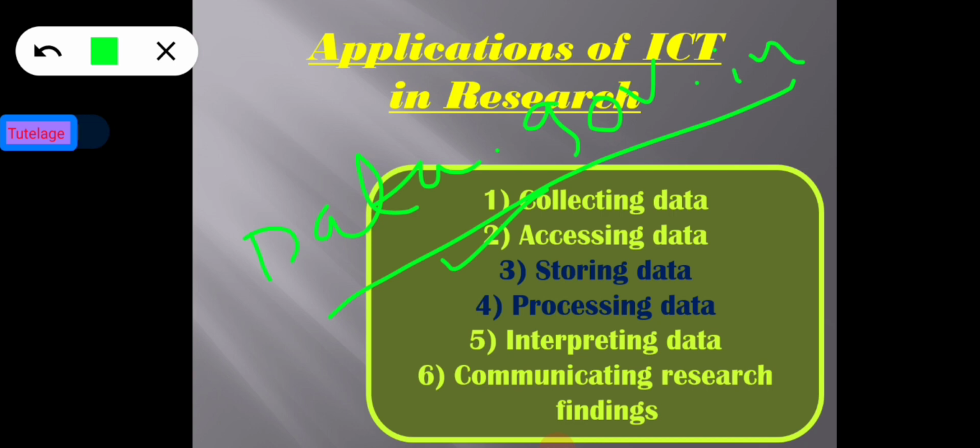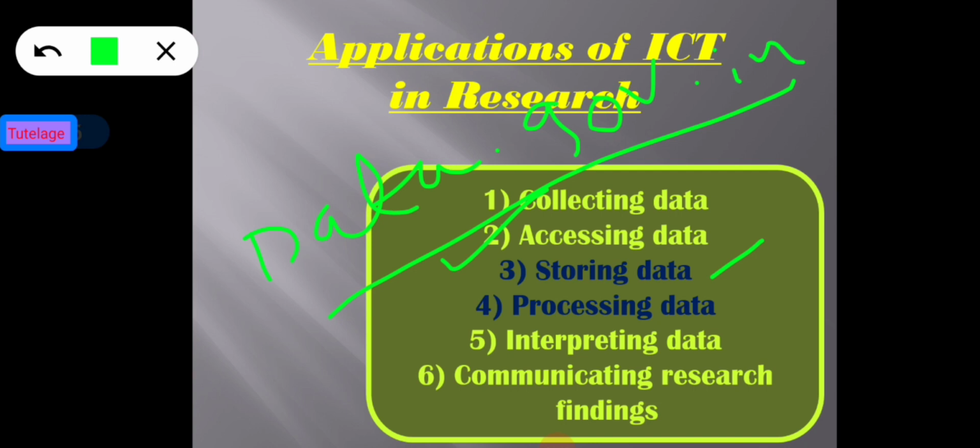Now going to the third point, that is storing data. Data can be saved electronically in spreadsheets and databases. These can be protected by password. There are various software which can be used for creating spreadsheets and databases, like Microsoft Excel, Microsoft Access, SQL, Oracle.